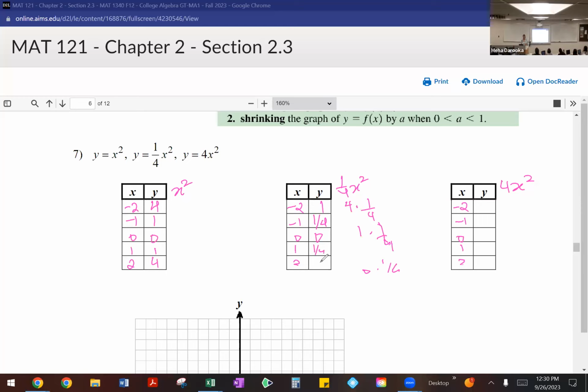So all those Y values got multiplied by a quarter. This one over here, you would be taking your Y values and multiplying by 4. So this would become 16. 1 times 4 would of course be 4. 0 times 4 would be 0. So it's whatever you have as the original Y values that are getting multiplied.